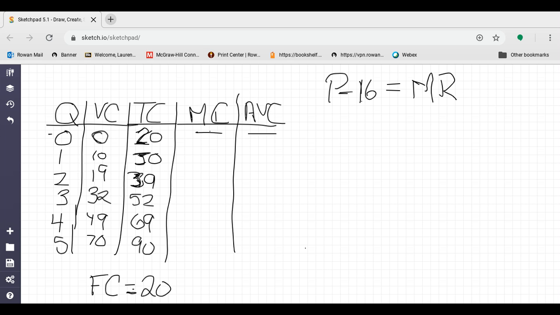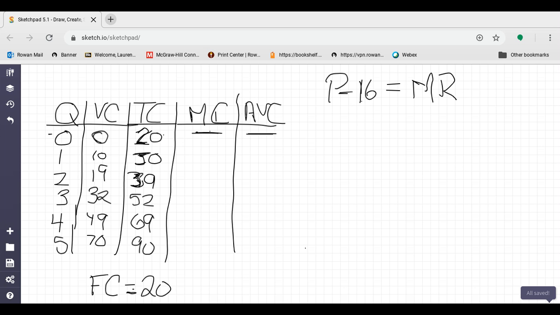Then the next column is our marginal cost. Remember, that's how total cost changes with an extra unit of output. So when it's 0, marginal cost, and anything average, just has a dash, so we skip it. For the first unit, our total cost goes from $20 to $30.